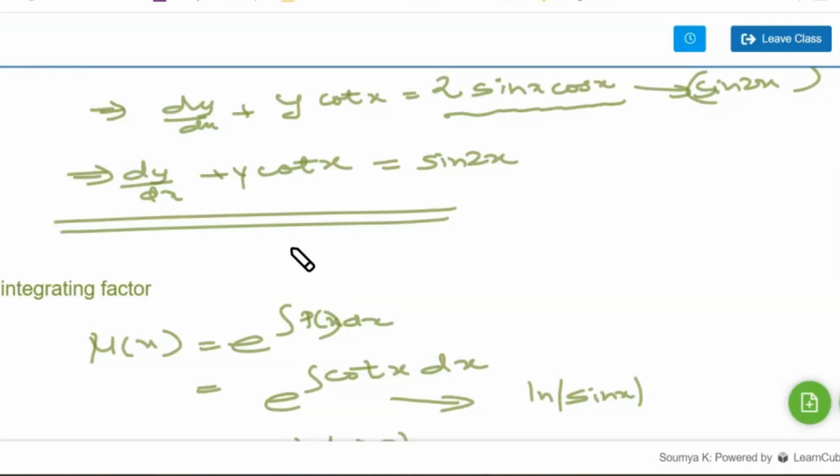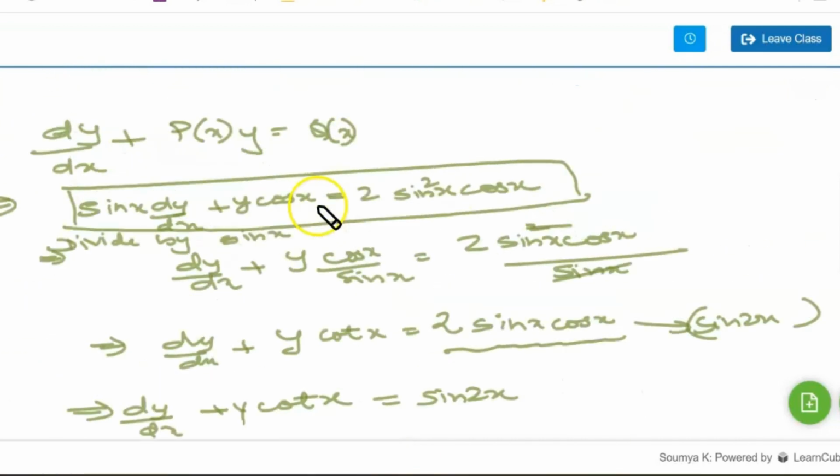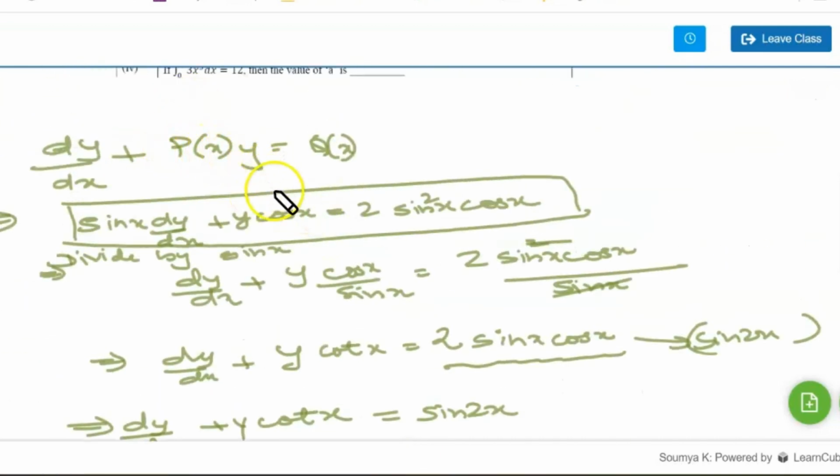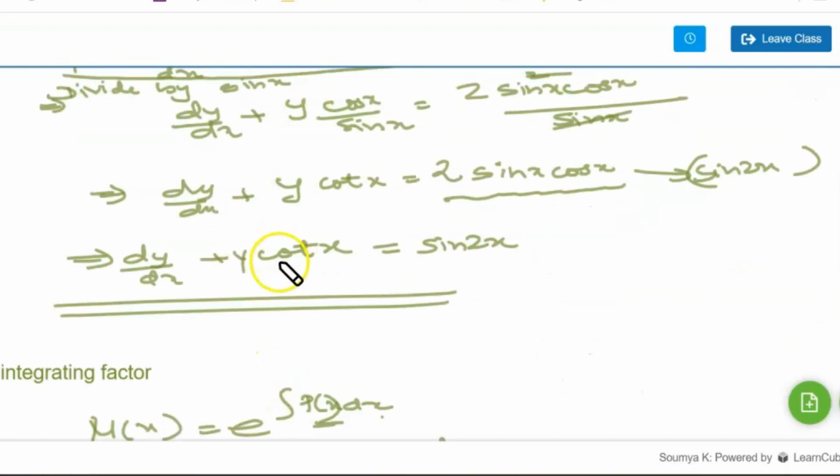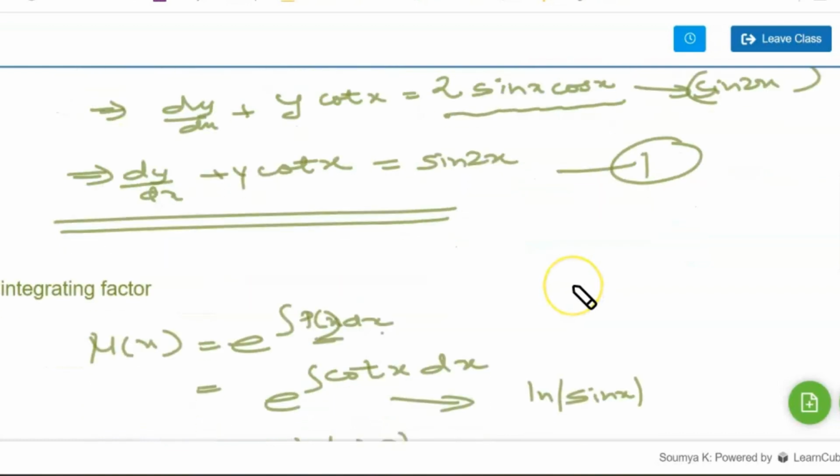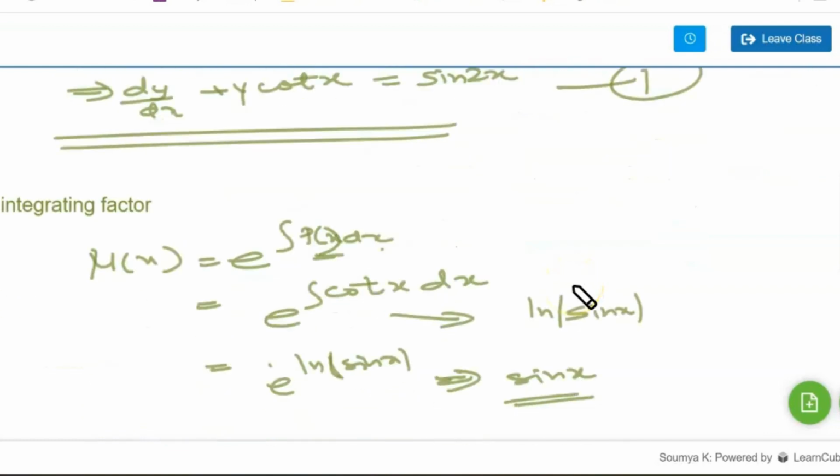After that, to find the integrating factor, this is how you will be finding it: e raised to the integral of p of x dx. Already we have seen the basic general equation that was given, like this, p of x times y. So if you compare that general equation with equation 1, p will be equal to cot x. So instead of p of x, we write cot x dx.